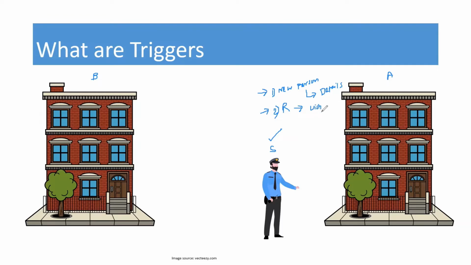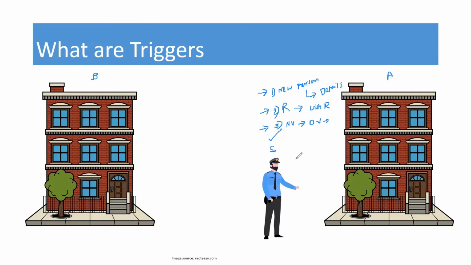Let's put this as wishing the resident of that particular apartment. If a new vehicle comes in, the security guard would take the details of the vehicle, like the license number and who is coming in it. These are a few responsibilities of this security guard.